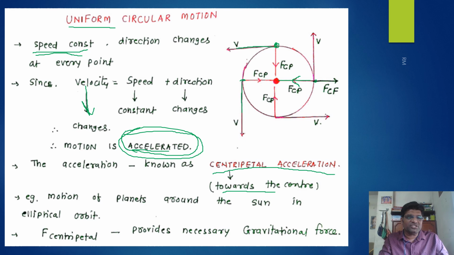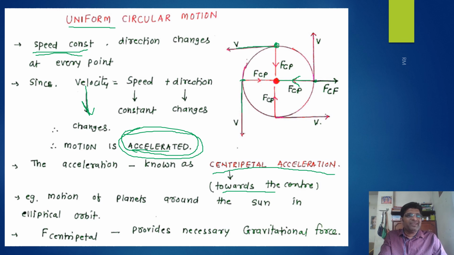So those motions are like uniform circular motion, because all the planets have constant speed but the direction changes at every instant during their motion. For example, our Earth takes 365.25 days to complete a year around the sun. 0.25 into 4 becomes 1, and that is why we have a leap year at an interval of every 4 years, right?